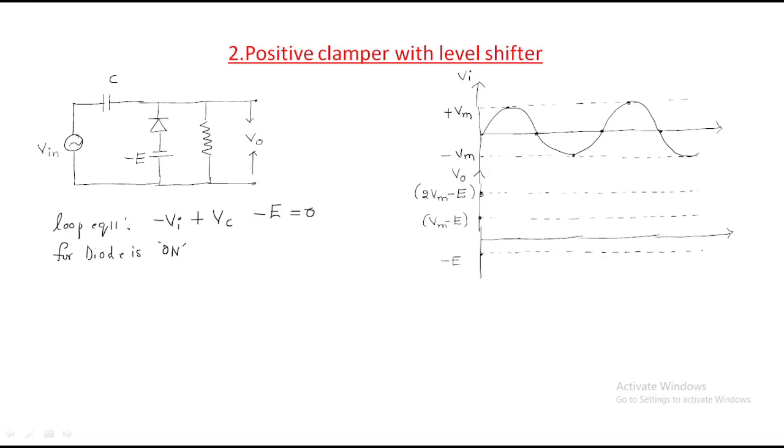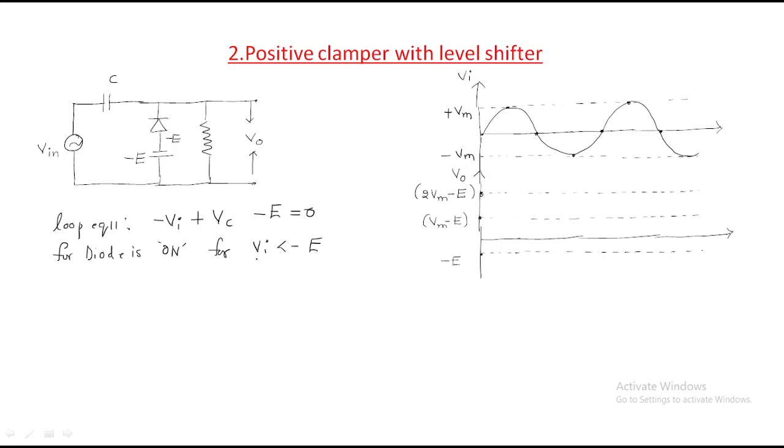In which case is the diode on? The diode is on when the input voltage is less than minus E, because this is already minus E. The applied biasing must be less than minus E, then the diode will be on.